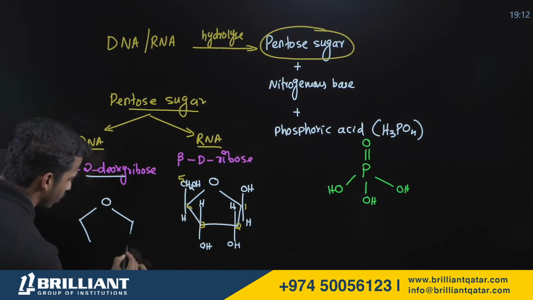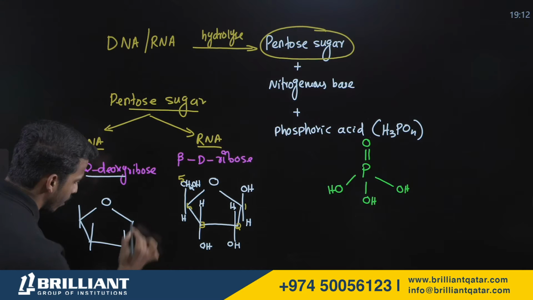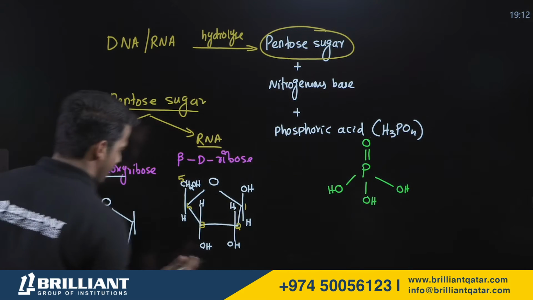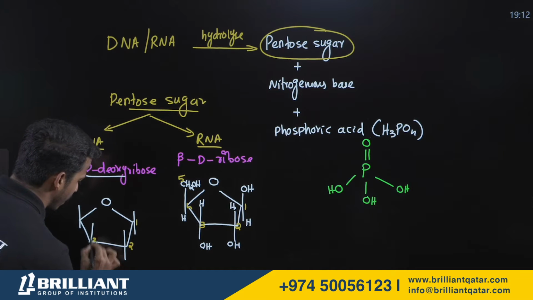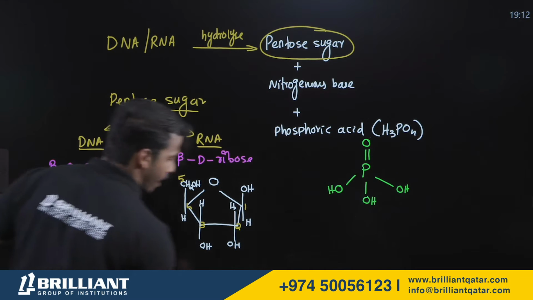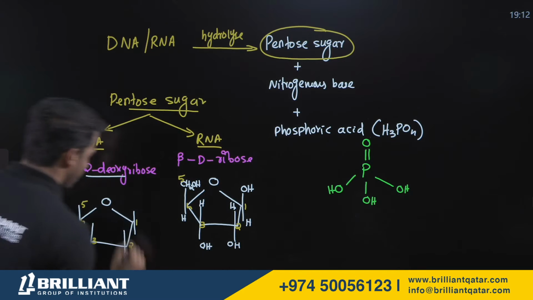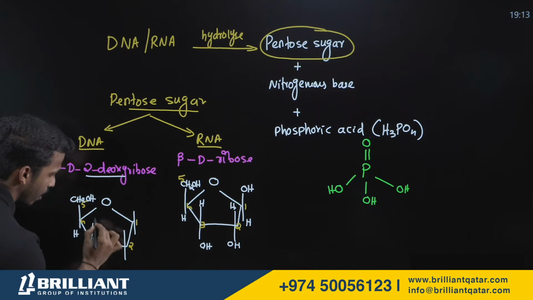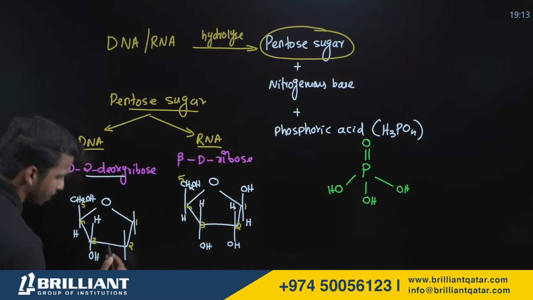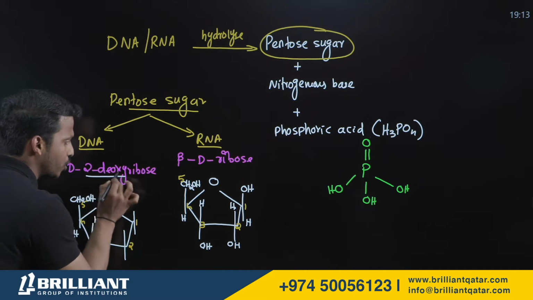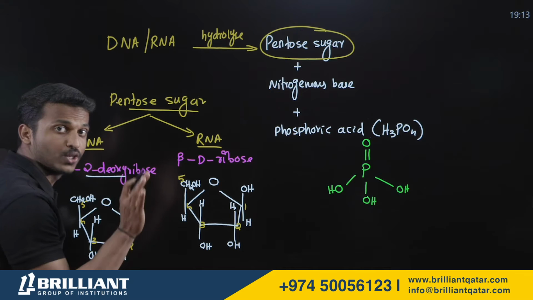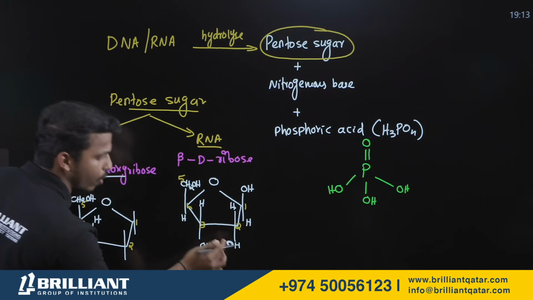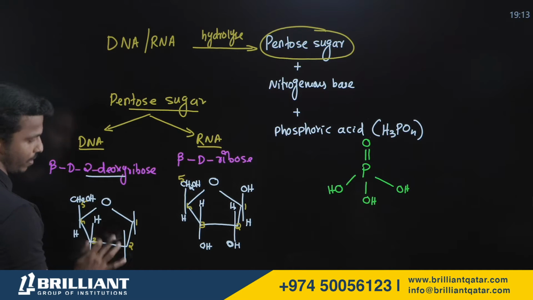Dear all, this is the pentose sugar. And this is number 1, number 2, number 3, number 4, number 5. And the species are, here we have CH2OH, H, HOH. Second position deoxy, which means there is no oxygen, right? So you can see at the second position there is an oxygen, but that oxygen is not there in DNA.